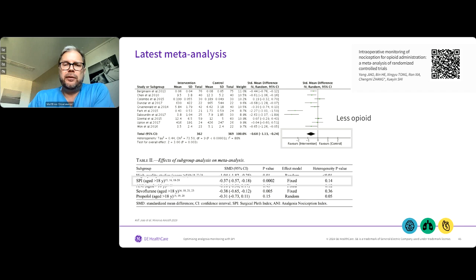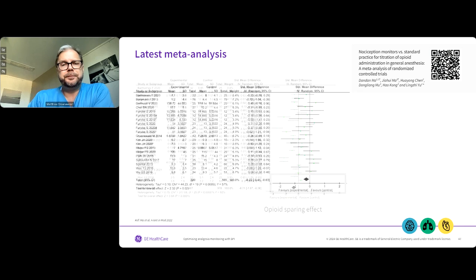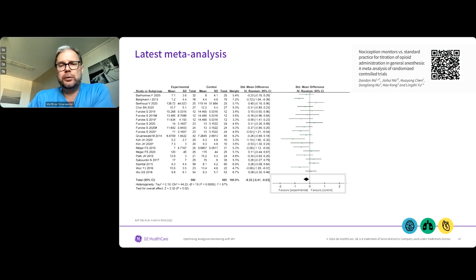The effect is significant, and this is a newer meta-analysis, only 2 years old. Again, we see the opioid sparing effect due to different parameters being studied. And as I showed you before, we also can conclude that we have the faster emergence by using those monitors.